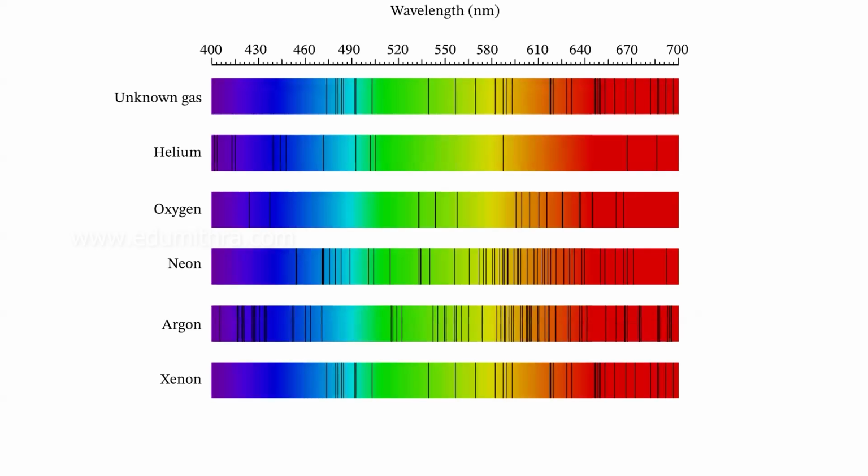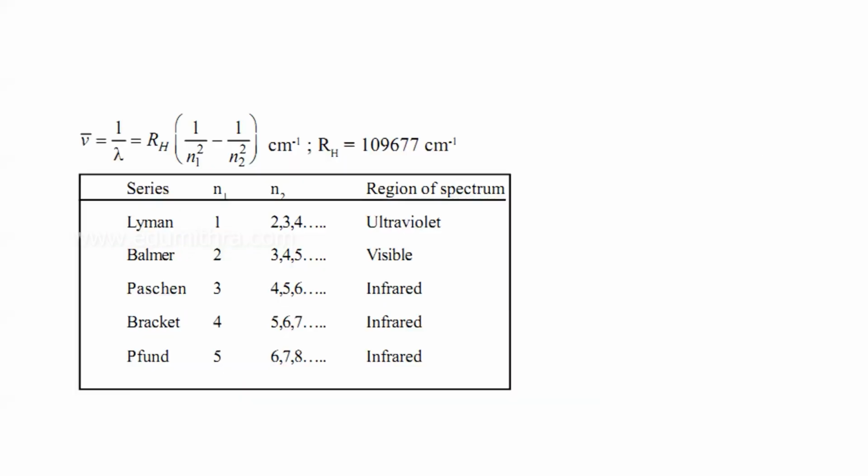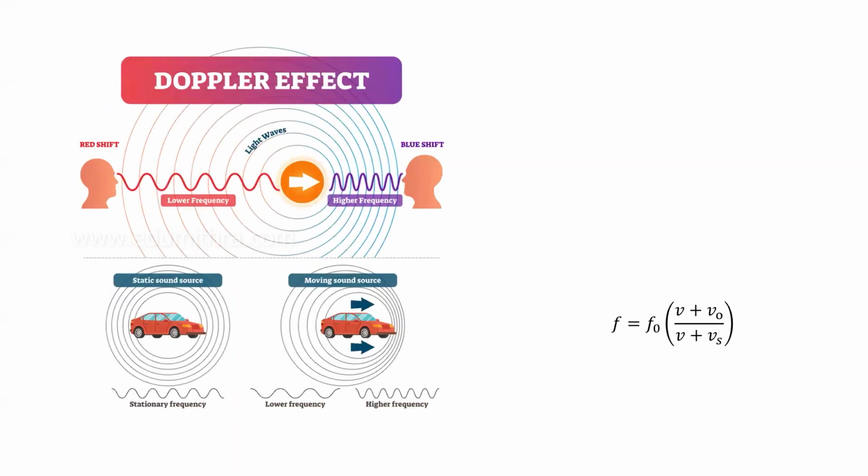Okay. So here the Doppler effect means basically the shifting of pitch. The Doppler effect applies to both sound and light. In the case of sound, the effect appears as a change in pitch of the sound.